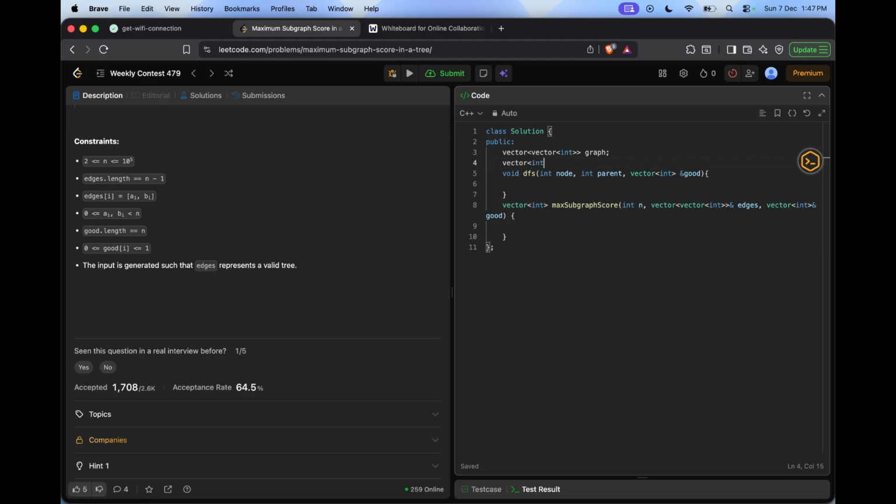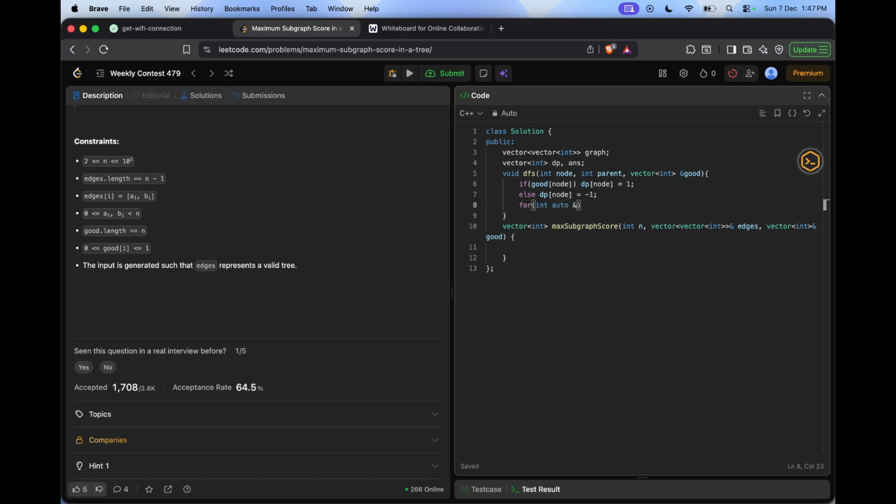We need two vectors, answer and DP, as mentioned in our approach. The first DFS calculates the DP value. Now, if this node is good, then DP of node equals 1, else it is -1.